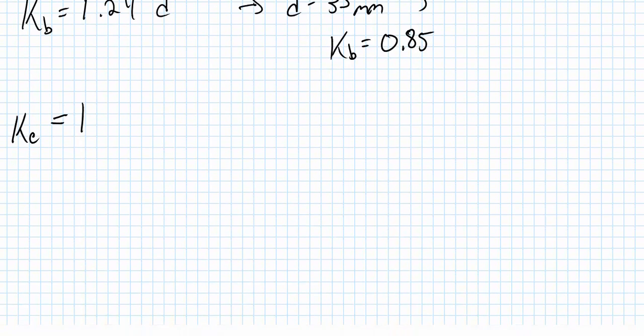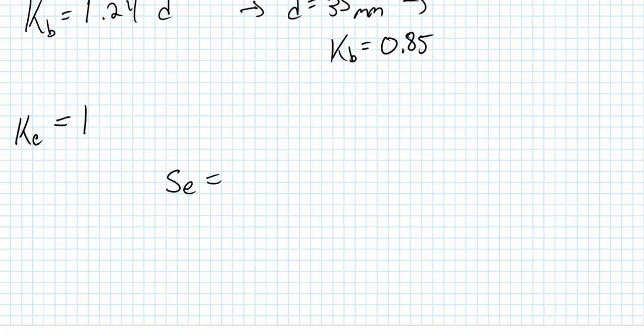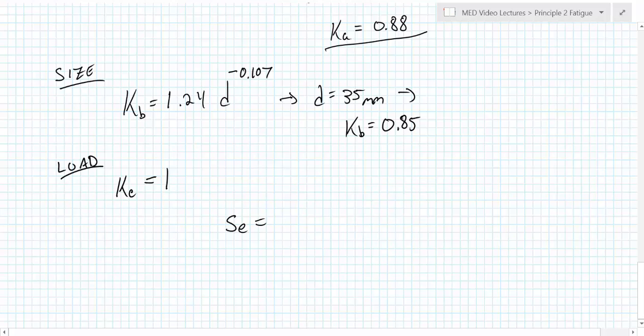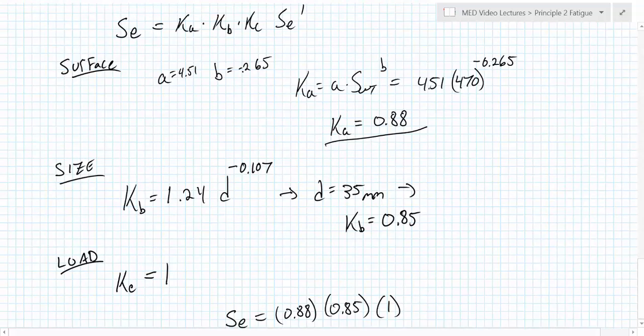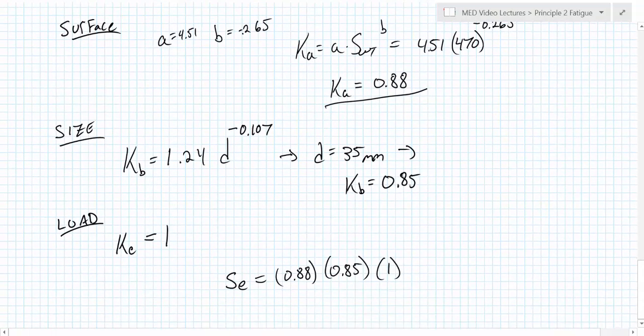So putting this all together, our actual endurance strength that we're going to compare the stress values to is Ka, which was 0.88, multiplied times Kb, 0.85, multiplied times Kc, which is 1, and the hypothetical endurance strength, which was 235 megapascals.